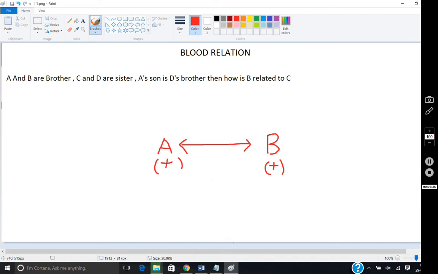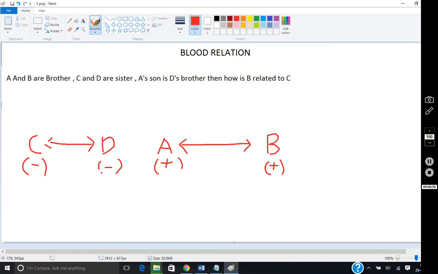C and D are sisters. Now write C and D here. C and D are sisters, it means both are female. Write minus sign here.